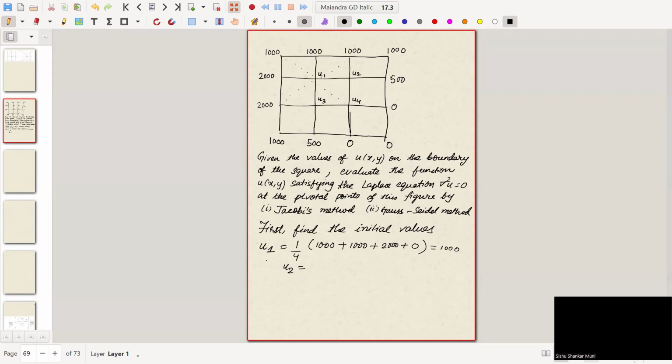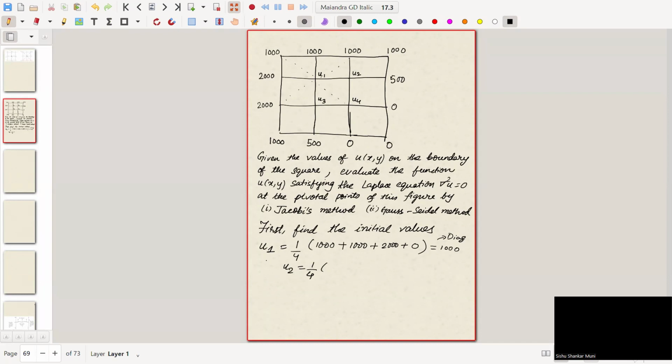So I have applied the diagonal 5-point here. Suppose for U2 I can apply the standard form, only to get an initial guess. I'm repeating again: you can't carry this after this step, only for this step.